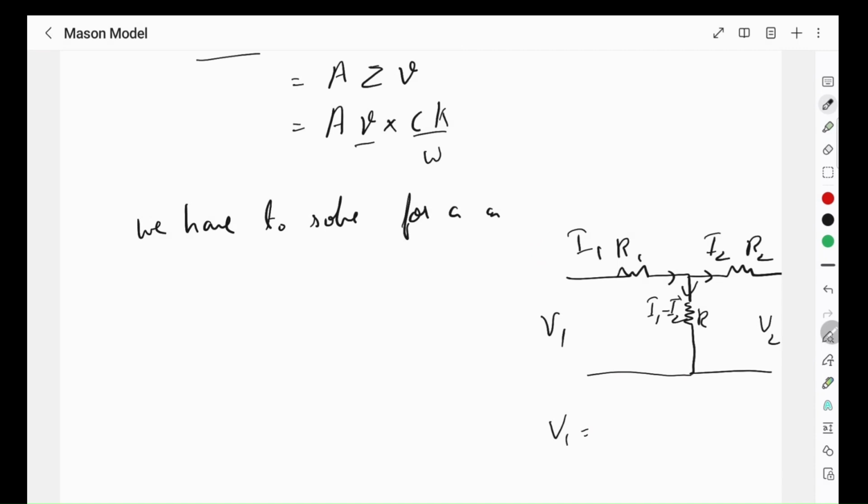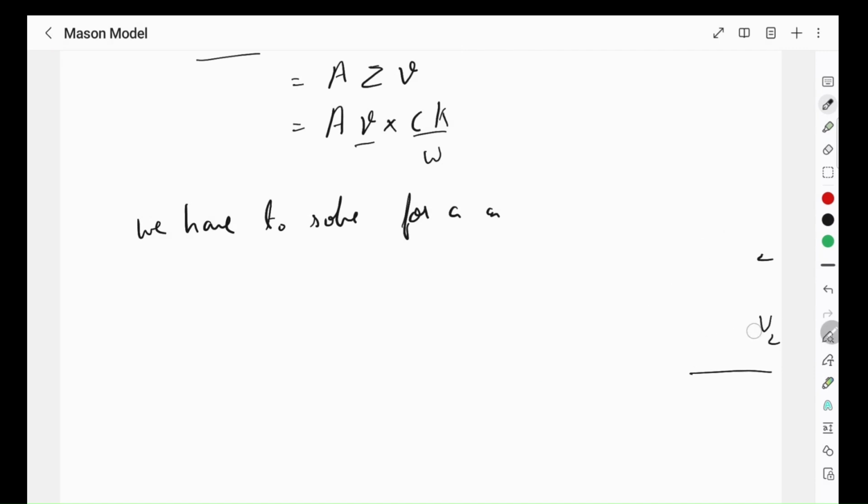Similarly, in this form, you can write your Mason's model in terms of force and velocity. So that's ultimately the Mason model. All we are solving here is to express the whole equation in terms of force and velocity and acoustic impedance, so that you can make this model.